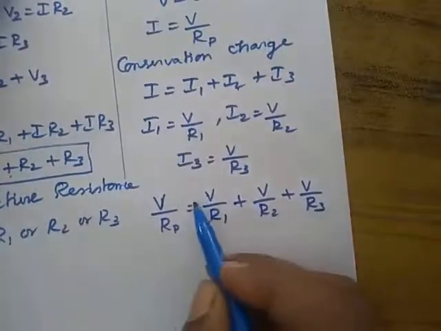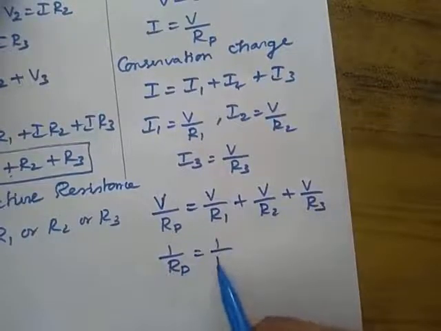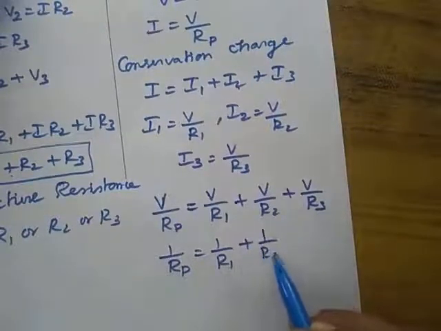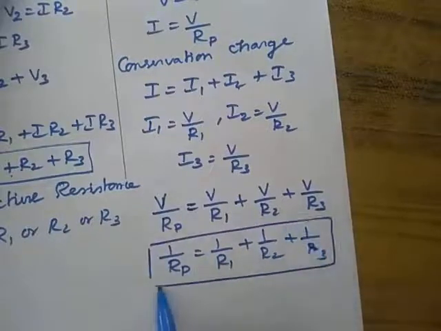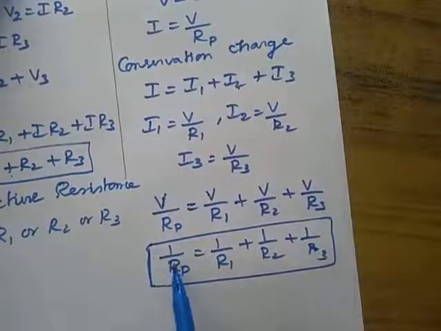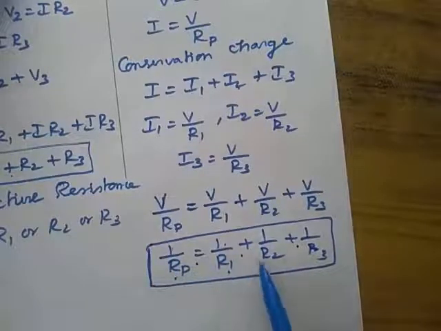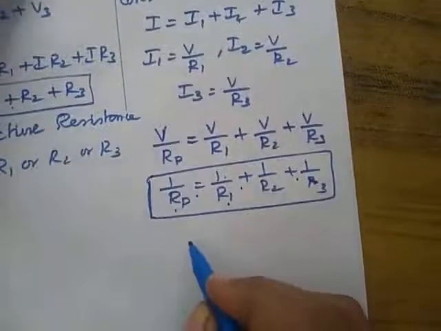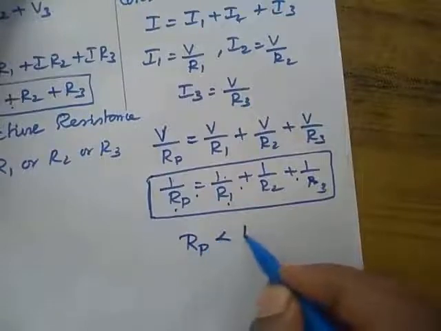Cancelling the V on the right and left, we get the final expression: 1 by RP is equal to 1 by R1 plus 1 by R2 plus 1 by R3. This is the expression for the effective resistance of resistors connected in parallel. This can be stated as: if resistors are connected in parallel, the reciprocal of the effective resistance is equal to the sum of the reciprocals of the individual resistances. Always in this case the effective resistance is less than the individual resistances.